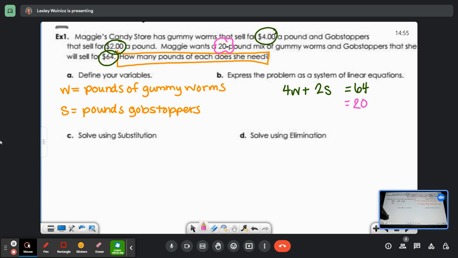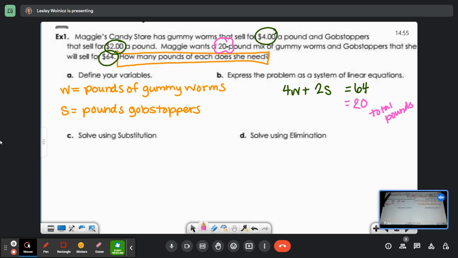Okay. Now, if I'm reading this problem over and over again, I can see that I've run out of numbers. I've used all my numbers. But that's not the only information I have. I also have what I wrote over here. So remember that this is my total pounds. But I also said that W was pounds and S was pounds.